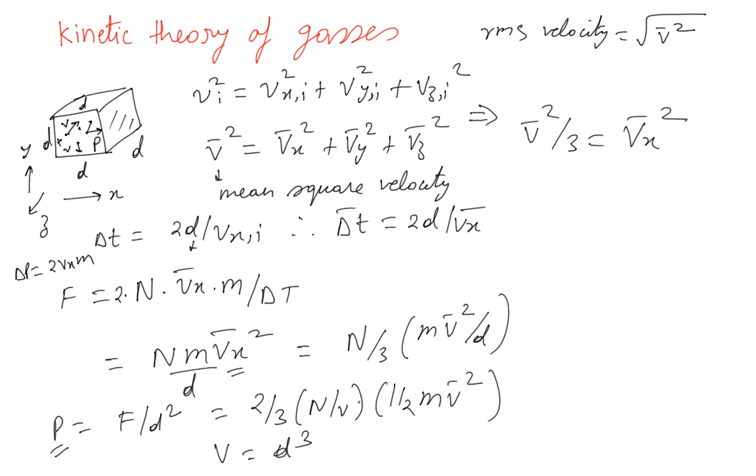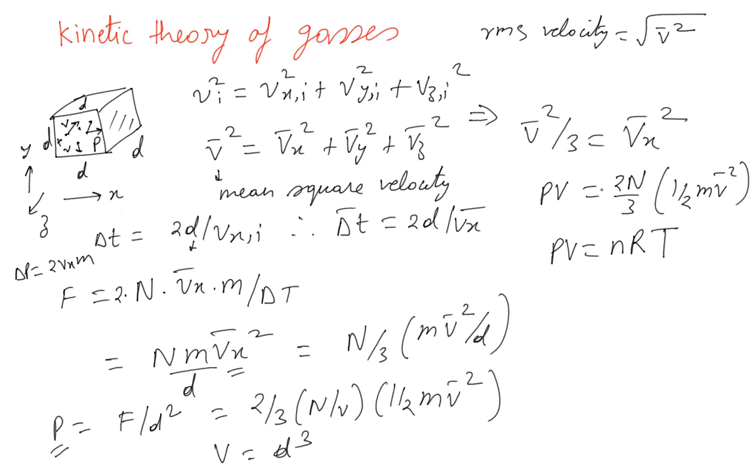From here we can rearrange again, and we can write PV equals 2n over 3 times half m v squared. We also know from the gas law that PV is nothing but nRT.